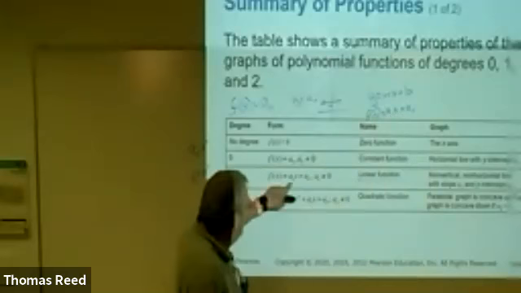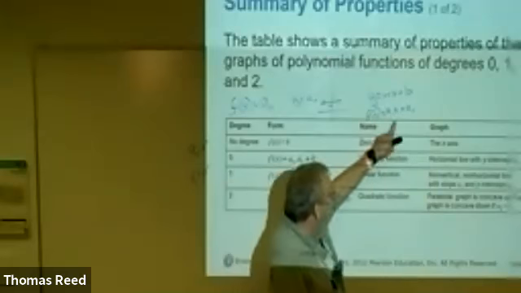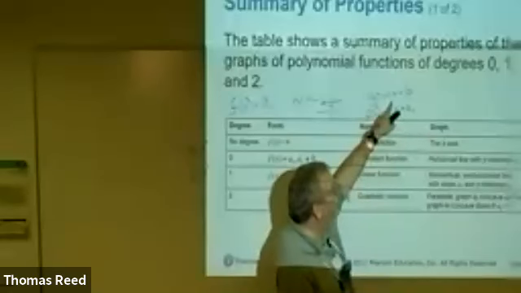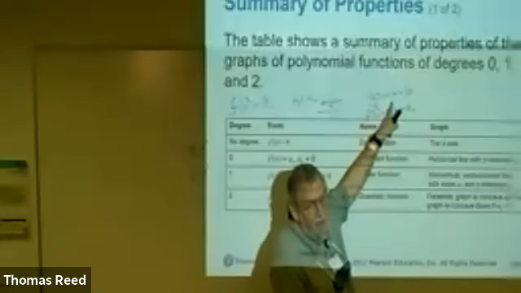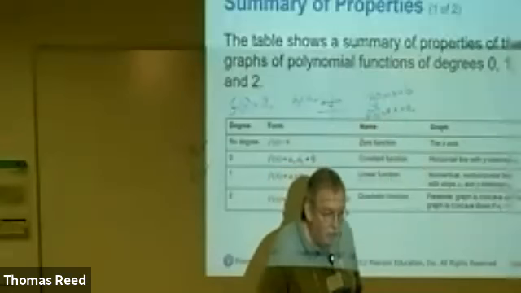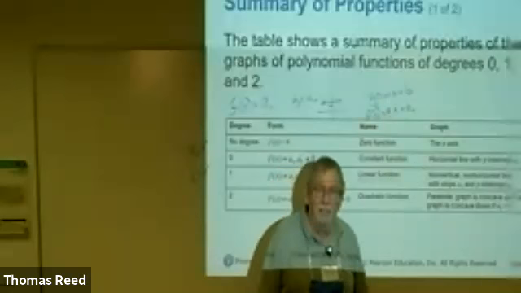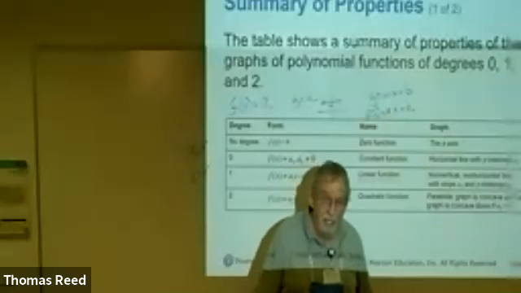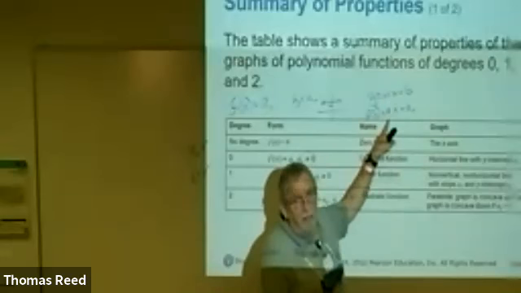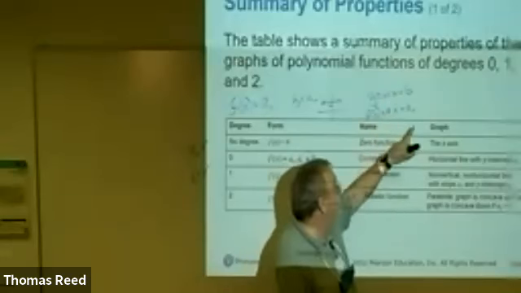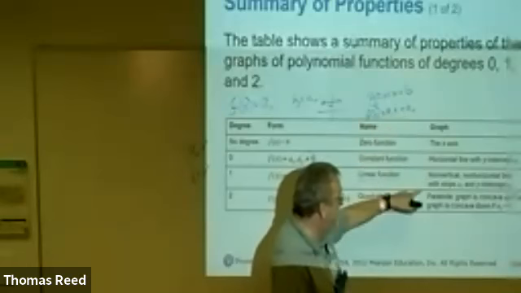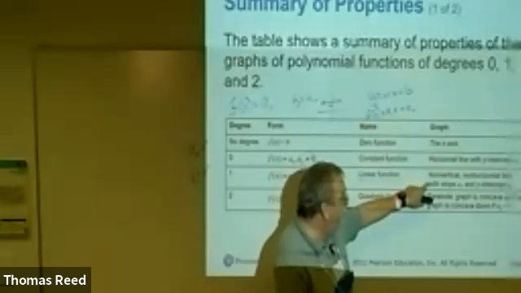So this is writing it in polynomial function format, and this is writing it in slope-intercept format. It's the same equation. It's just the letters are just different notations for the same thing. The slope is m, the slope is a sub 1, the y-intercept is b, the y-intercept is a sub naught. And so that's what this is talking about over here.